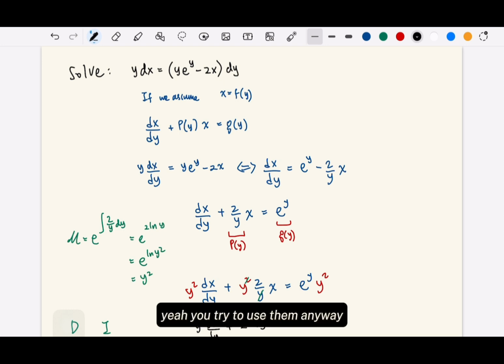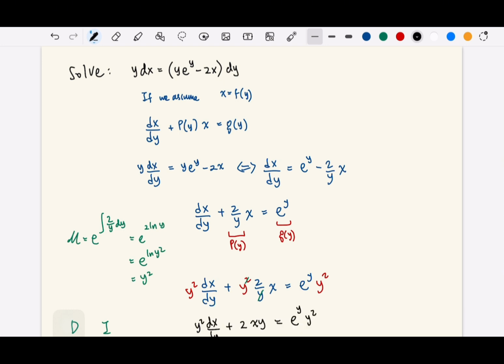Yeah, you tried using exact equation. Yeah, correct. Because I'm using just the linear.